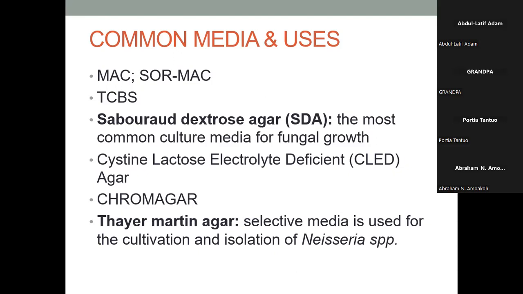So if you have growth from urine, you must count the colonies and determine whether they are up to the threshold. And the threshold, I'm sure all of you know, is 10 to the power 5 colony forming units per ml. 10 to the power 5 is about 100,000 colonies per ml of urine for it to become significant.